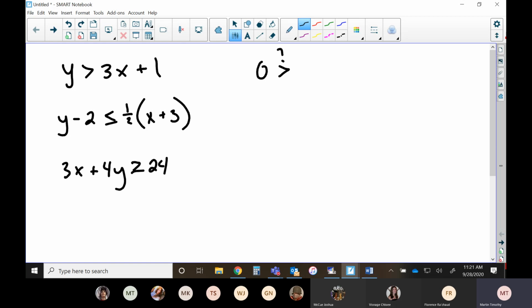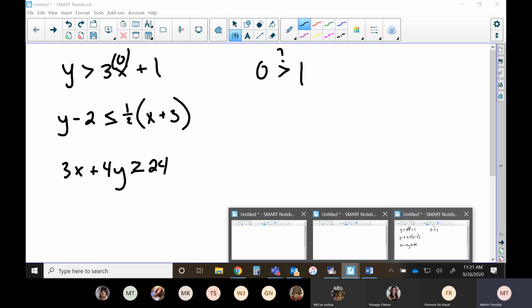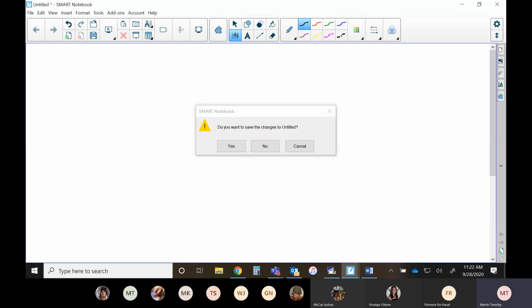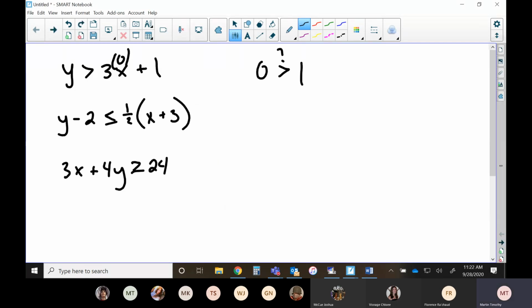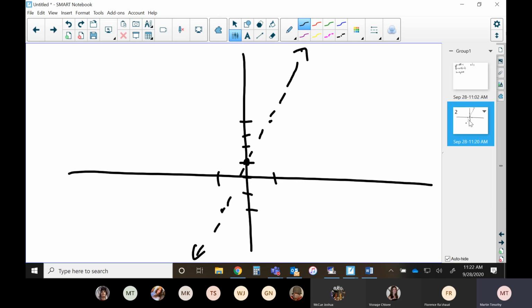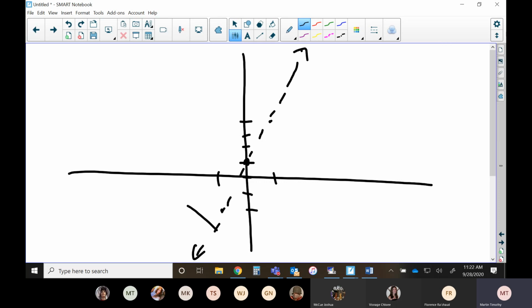Is that greater than? I plug a 0 in for here. 0 times 3 is 0, plus 1 is 1. Is 0 greater than 1? No. So 0, 0 is the wrong side. So I would put arrows going up. Does that make sense so far?